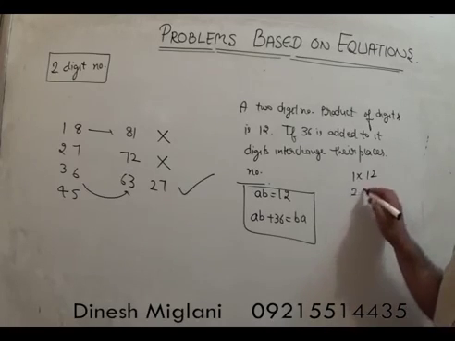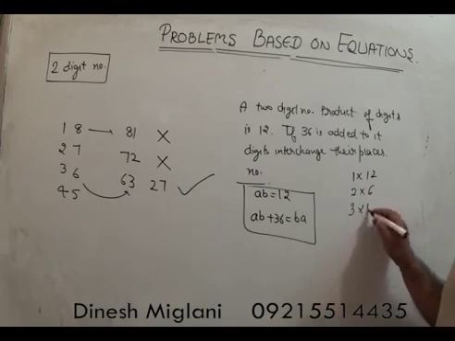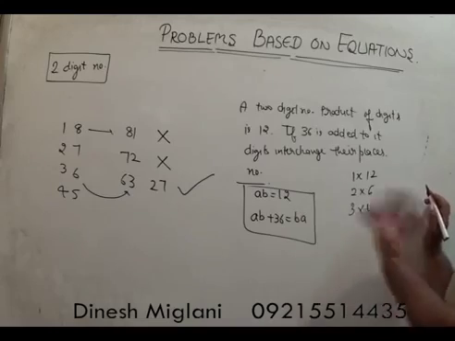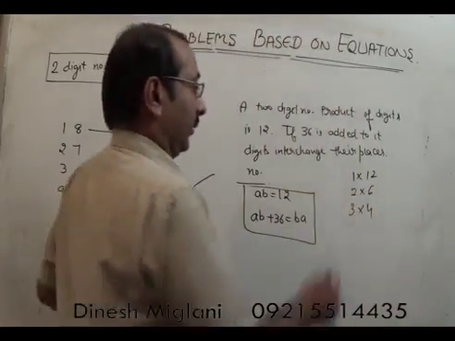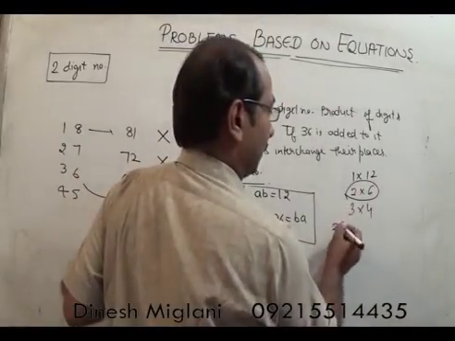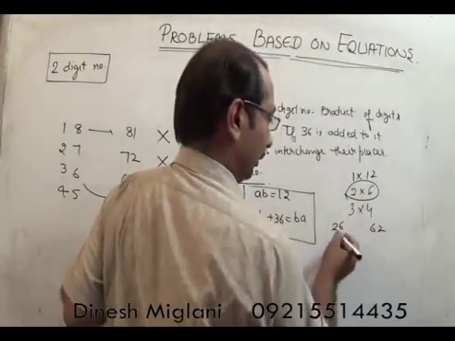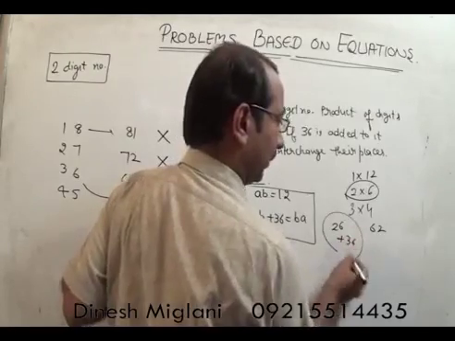So I can take either 2 into 6, or 3 into 4, or 4 into 3, or 6 into 2. If I take 2 into 6, my number is 26. If I reverse it, it becomes 62. After adding 36 to 26, it becomes 62.